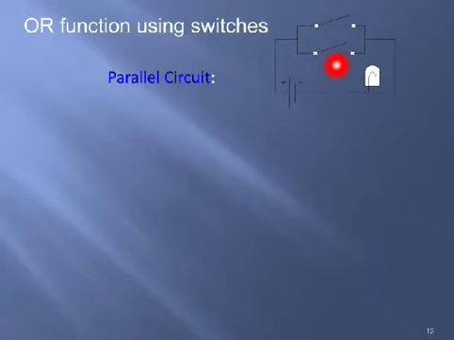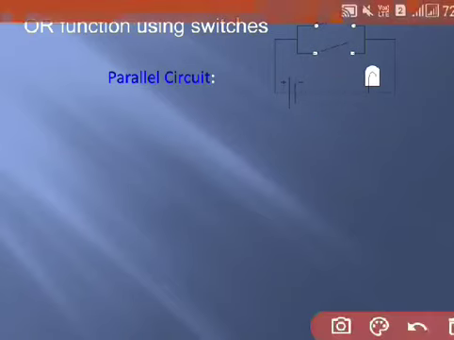What do you mean by the status of a switch? Whether the switch is open or closed. Based on the status of these switches, due to the continuous power supply in the circuit, the lamp will be turned on or off. You can consider these two switches as the two inputs to the OR gate.